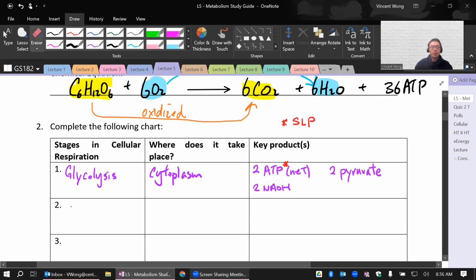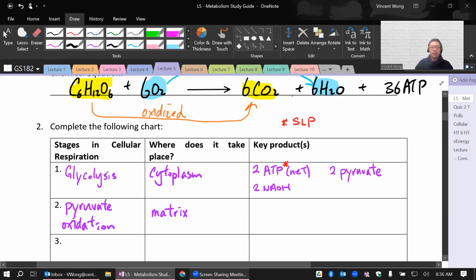Next, we have pyruvate oxidation. Excuse me, pyruvate oxidation. That happens in the matrix, which is the innermost portion of the mitochondria.